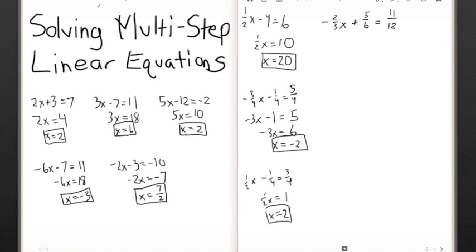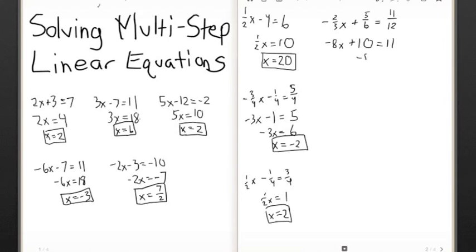So that's the highest denominator here. So negative 2/3 x times 12. That's negative 2/3 of 12, so that'll be negative 8x plus 5/6 times 12. 5/6 of 12 is 10 equals 11 over 12 times 12 is 11.